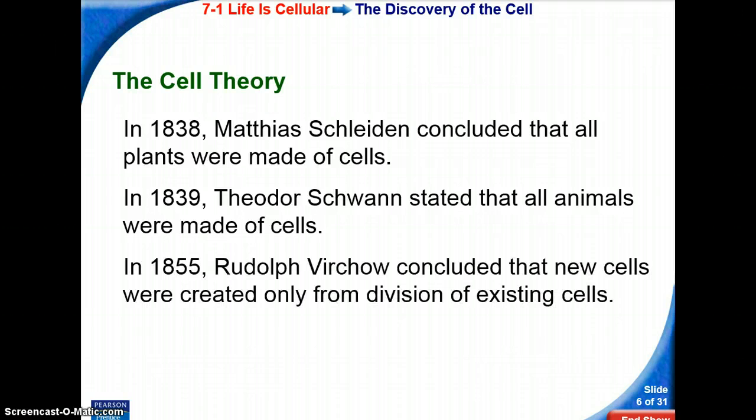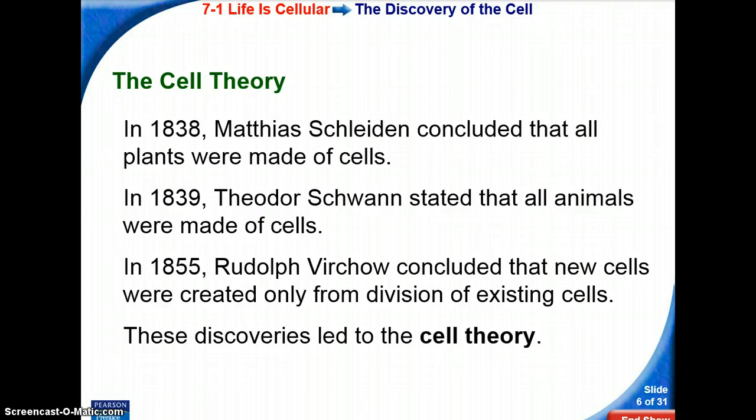And then a little bit later in 1855, Rudolf Virchow concluded that new cells were created only from the division of existing cells. They couldn't just be put together out of nothing, they had to be created by these existing cells. And these three discoveries, along with Robert Hooke's original discovery, led to what is called the cell theory.